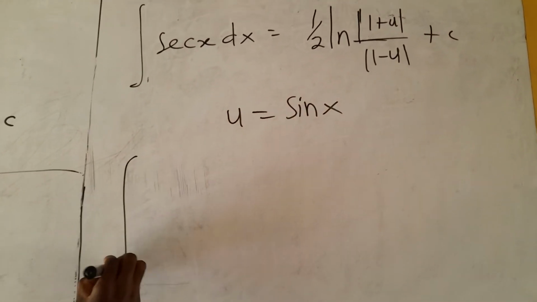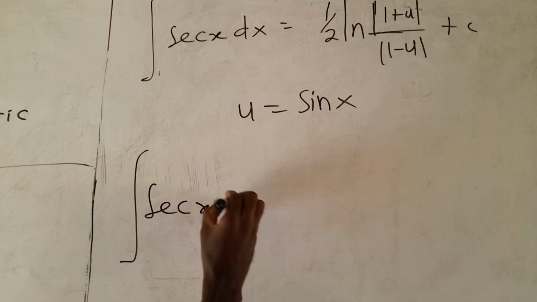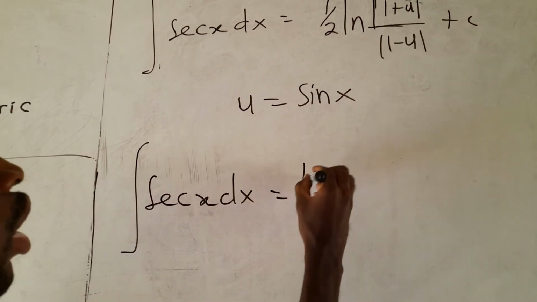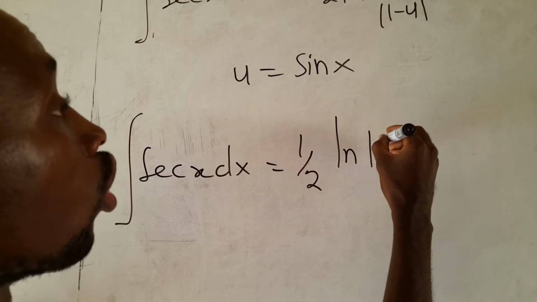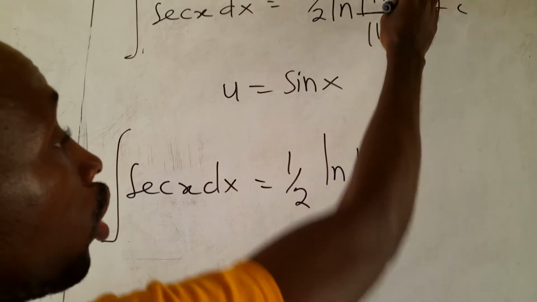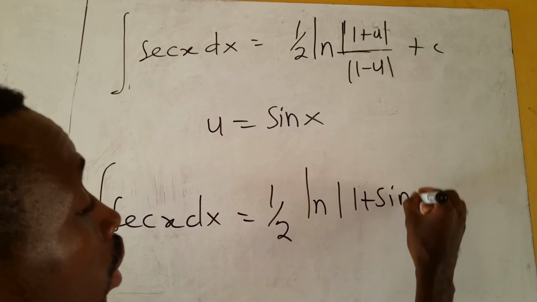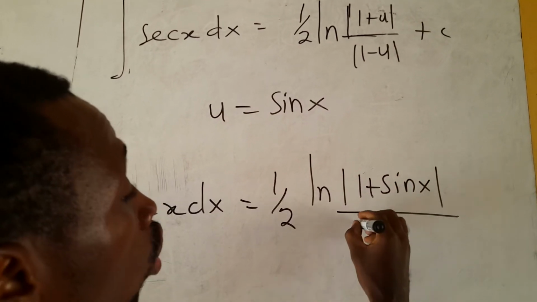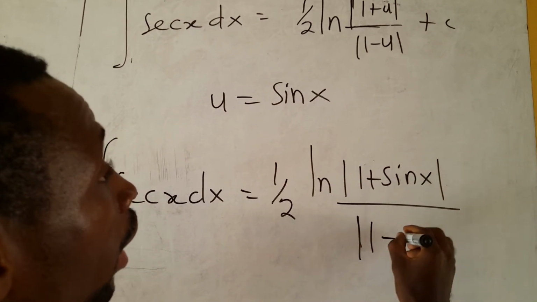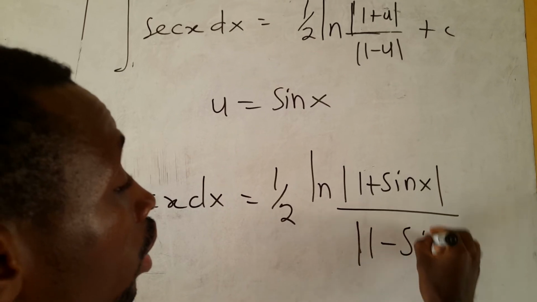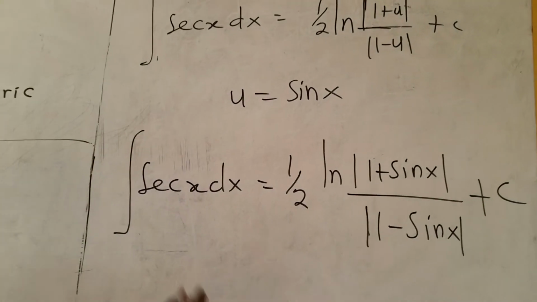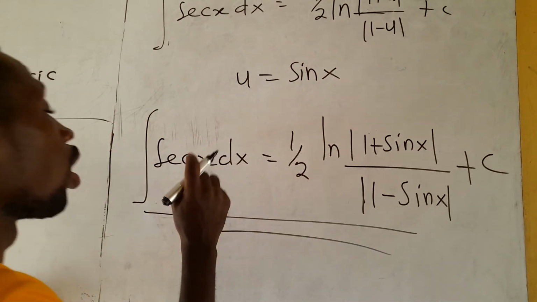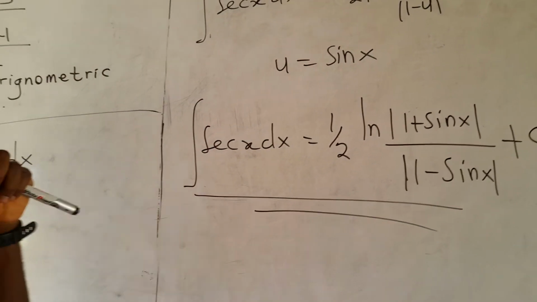So we can conclude that the integral of sec s ds is half ln absolute value of (1 plus sin x) over (1 minus sin x), then plus our constant of integration. So this becomes the integral of sec s ds.